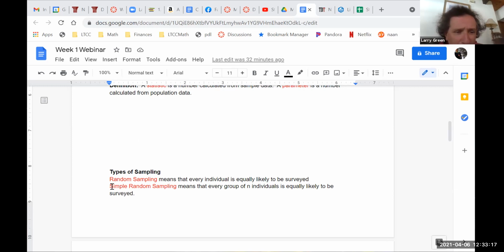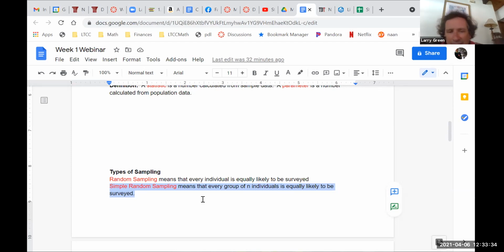Okay, simple random sampling means that every group of n individuals is equally likely to be surveyed. So simple random sampling is actually more specialized than random sampling, it turns out.